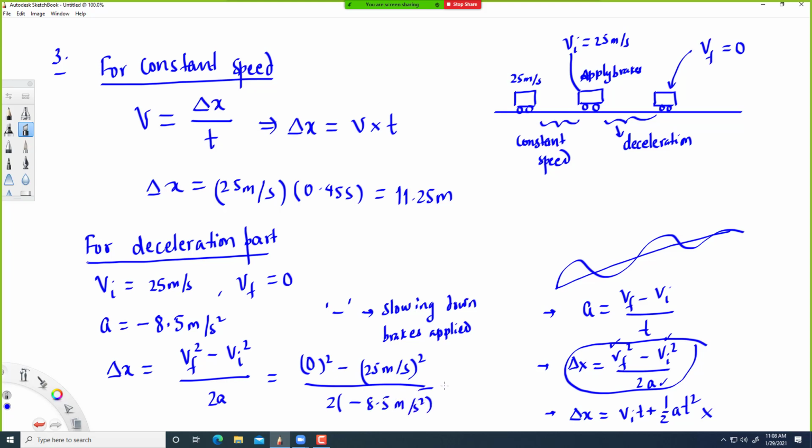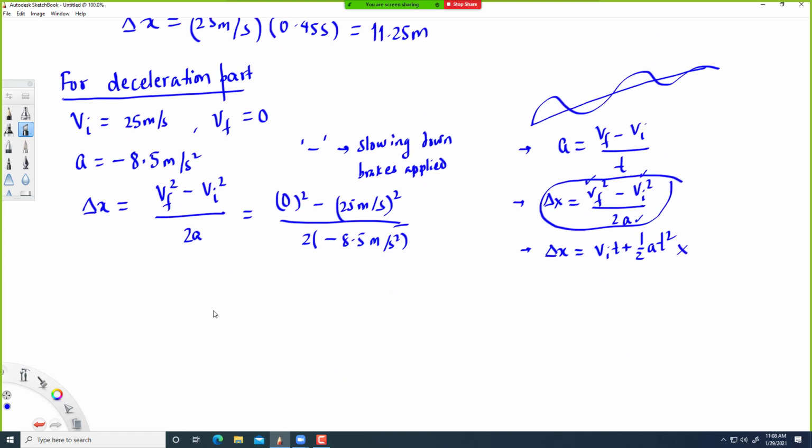Okay, and then you will use a calculator to get a final answer. So if you do that calculation, you'll get delta x equals to 37 meters.